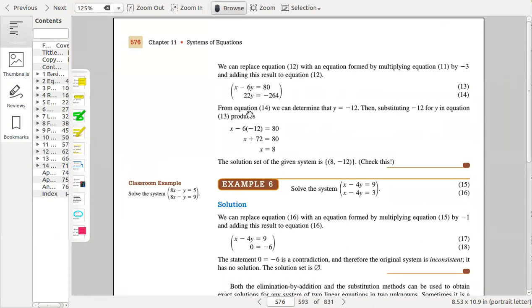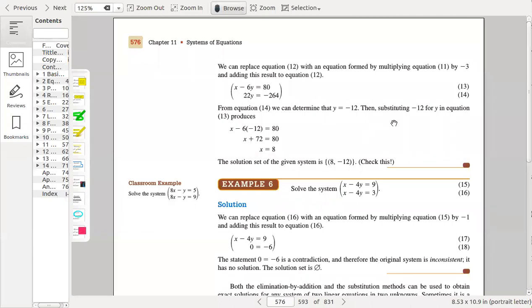Okay, and now we can replace equation 12 with an equation formed by multiplying equation 11 by minus 3 and adding this result to equation 12. We will have 22y is equal to minus 264. And then we have a value of y is equal to minus 12, because 264 will be divided by 22.